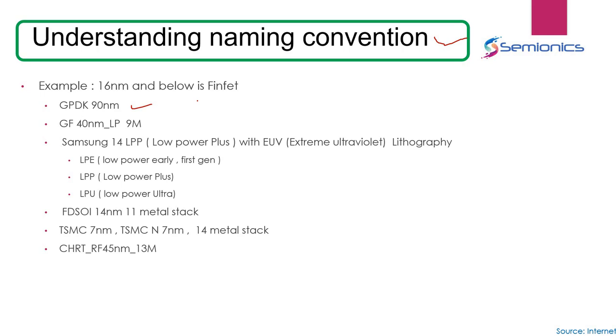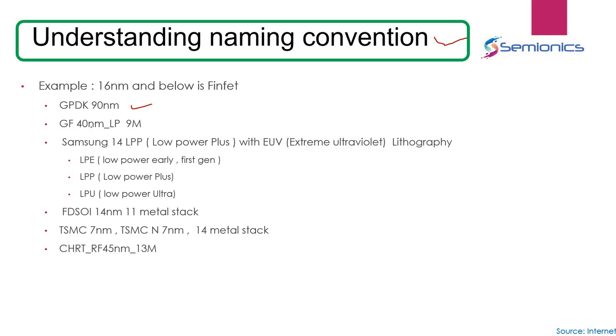Likewise, you would have different names like Chartered 40 nanometer or a different foundry with a different name. That way, they would have used the nomenclature and the technology. Now, if you go into a little more advanced detailing, a proper foundry, say GlobalFoundries 40 nanometer low power, 9 metal process.